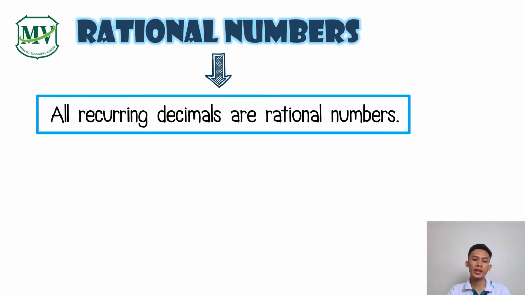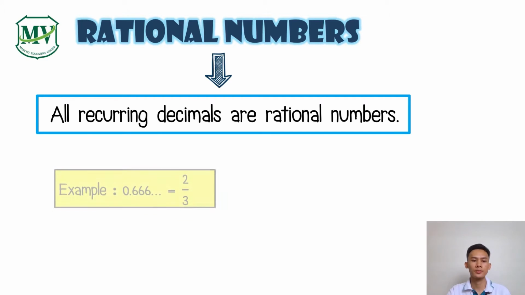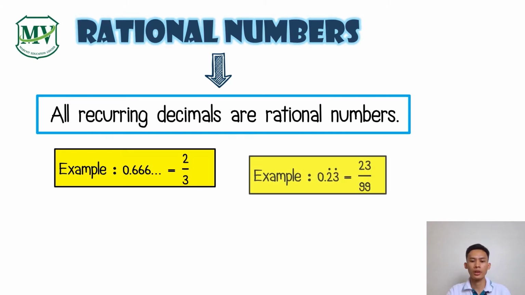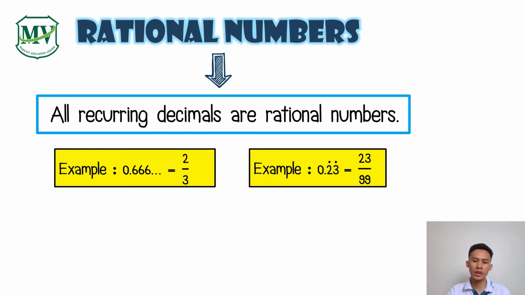Also, all recurring decimals are rational numbers. Example, 0.666 and so on is equal to 2 over 3. Another example, 0.23 repeatedly is equal to 23 over 99.